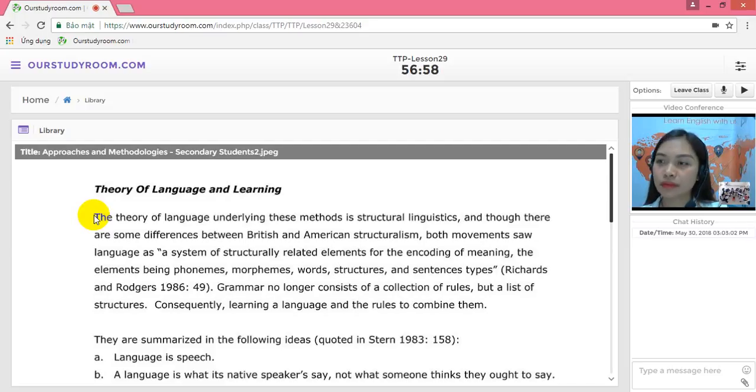And they can remember the words forever, not only in subject, in the future. Okay, very good, teacher Rosie.